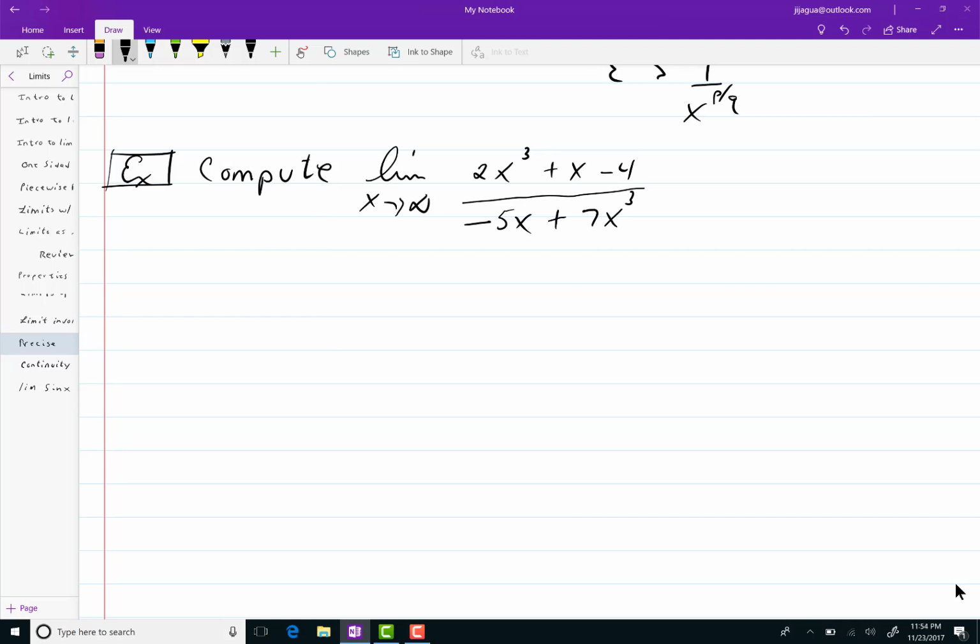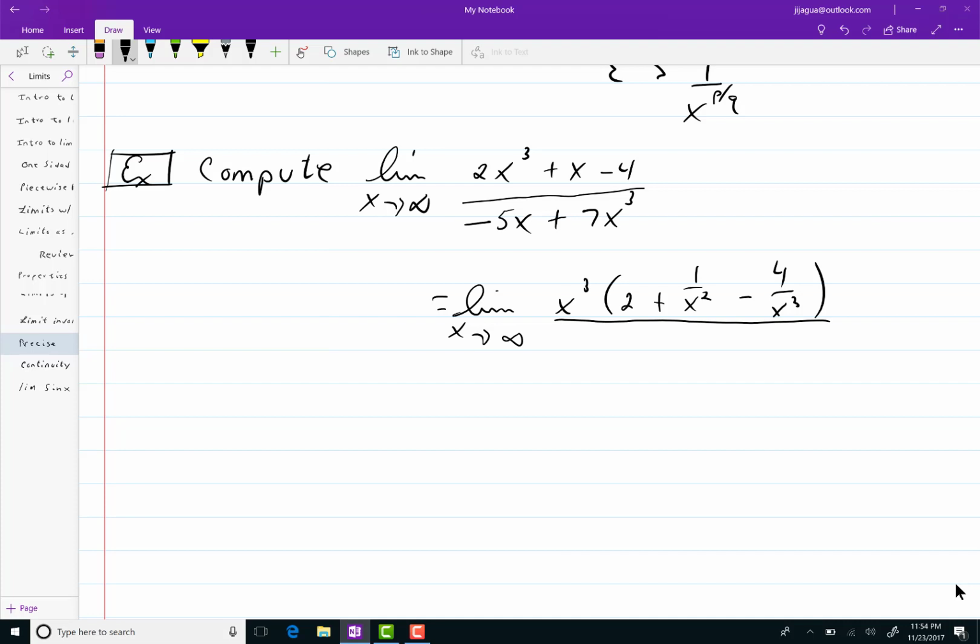The trick with this is the following. I'm going to factor out the highest power of x that I see in the numerator. In that case, it's x cubed. What that leaves behind is 2 plus 1 over x squared minus 4 over x cubed.